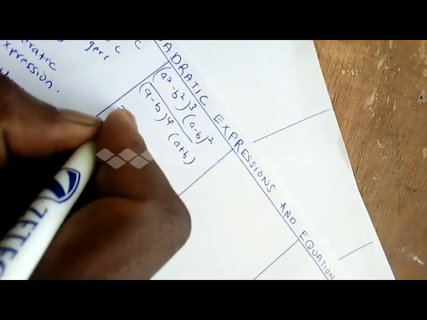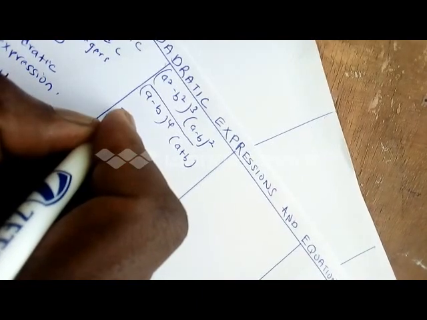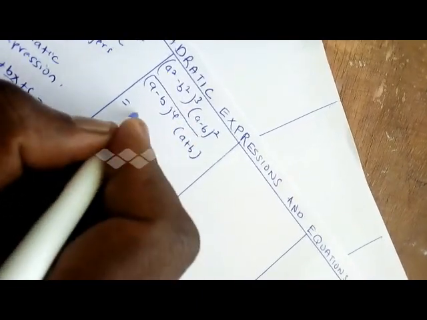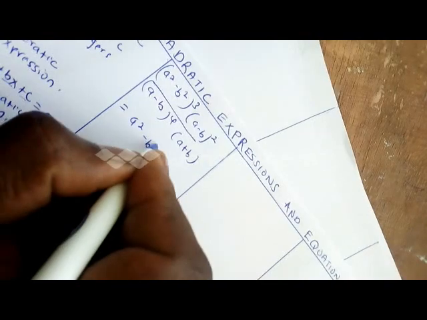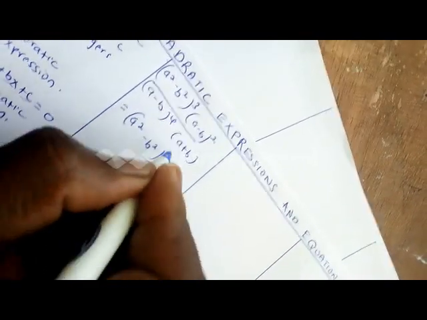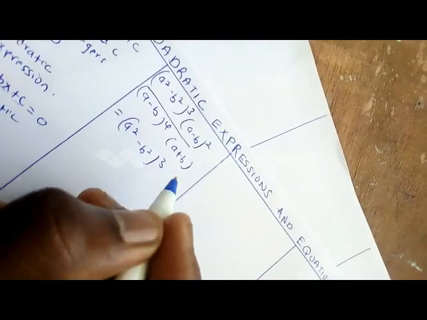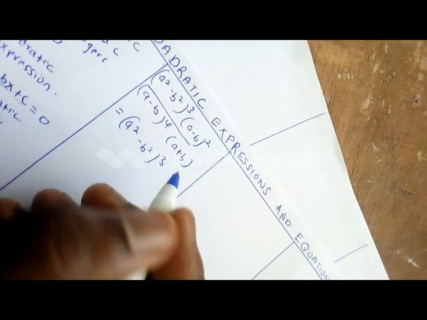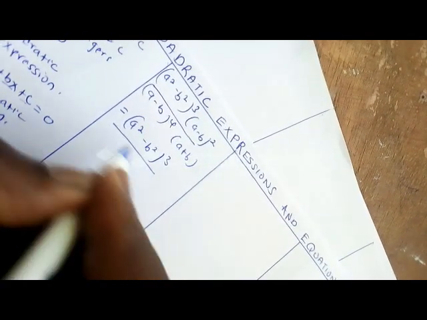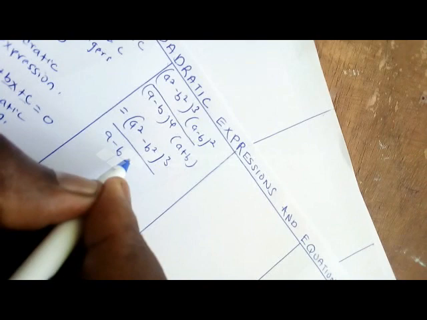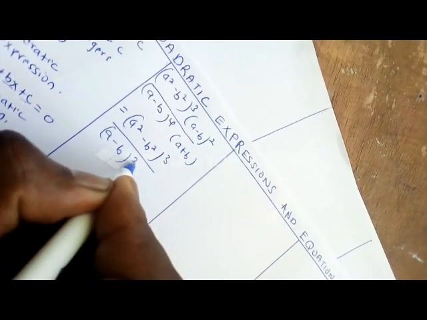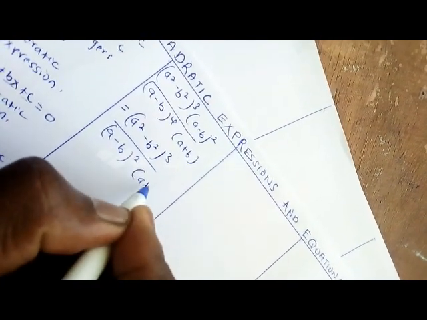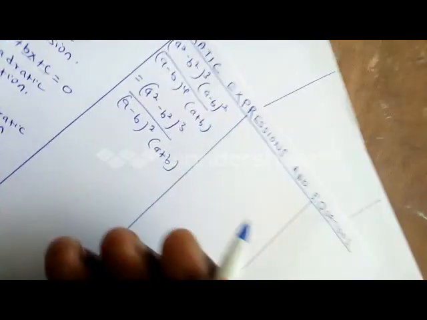You can continue by saying which is the same as equals to (a squared minus b squared) raised to power 3 all over (a minus b) squared (a plus b). So what has happened?